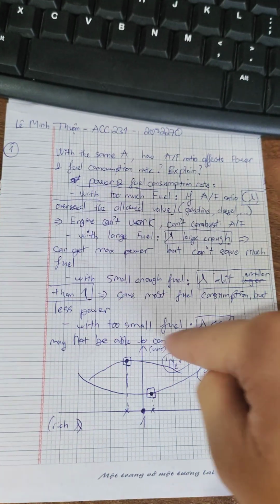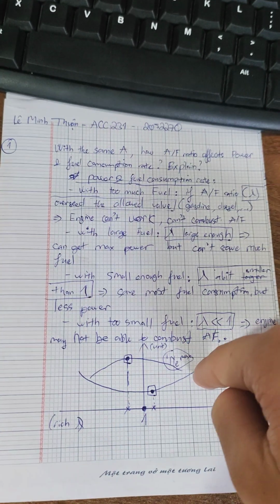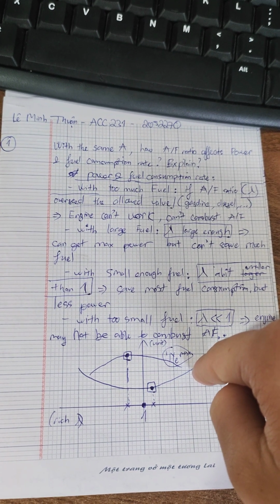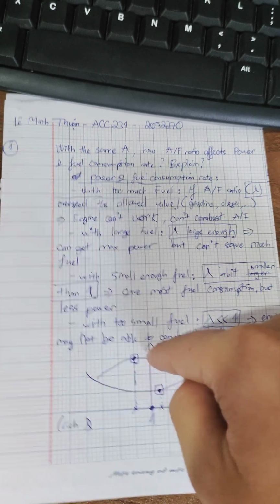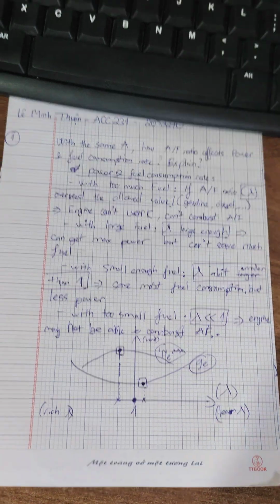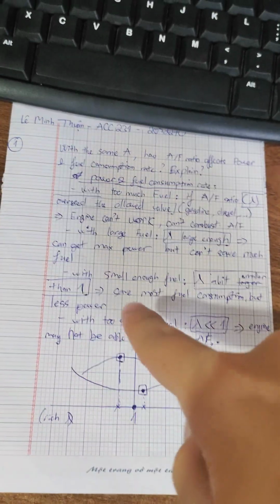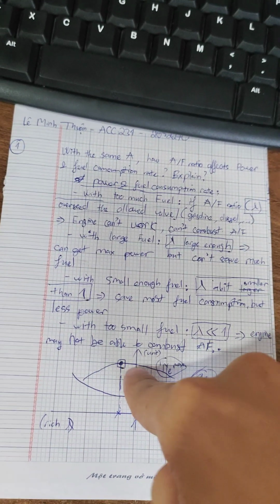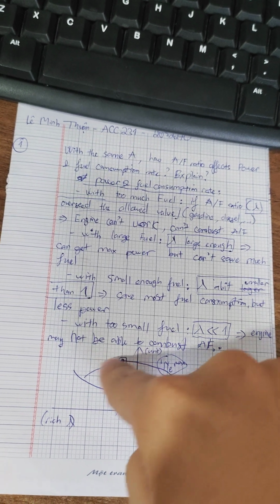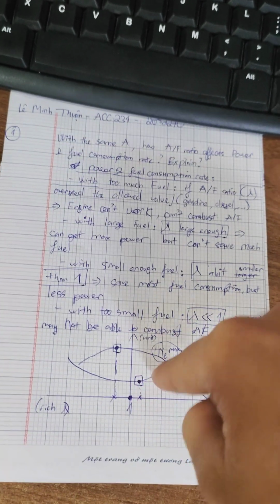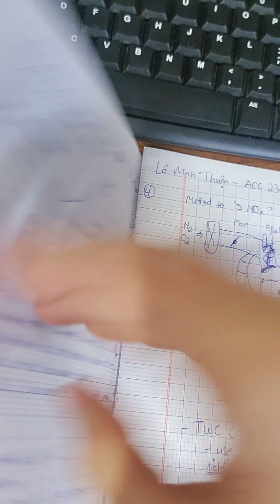Because these two lines do not intersect each other, you cannot have max power at the same time as least fuel consumption.